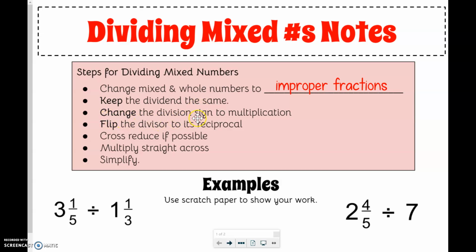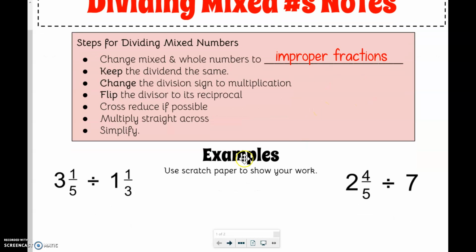You change the division sign to multiplication, and you flip the divisor so that it's the reciprocal now. So you're just flipping it upside down, which is the reciprocal. Cross reduce if possible, multiply straight across, simplify. Those are the things we did when we multiplied. So these steps are really just the same. The only new step is what we did with multiplying mixed numbers: change them to improper fractions first. So we're going to do 2 example problems to get you started, and then you'll have some practice to do.